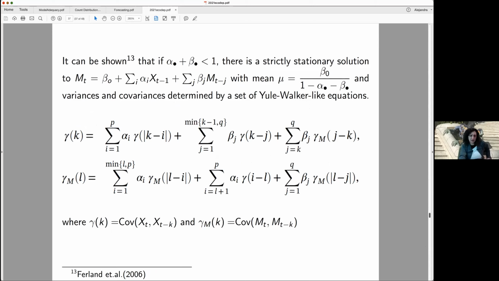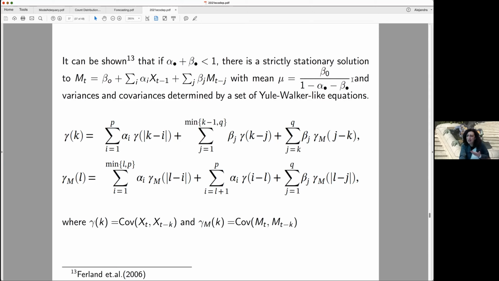Okay, it can be shown that if the sum of the coefficients is less than one, then there is a stationary solution for this recursion. Well, the mean will be beta 0 over 1 minus the sum of the alphas minus the sum of the betas.